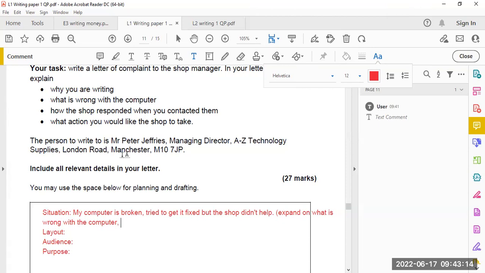Right. So I need to expand on what is wrong with the computer, how the shop responded, and what I want done. Okay, so that's what situation tells me. Layout, it's a letter. So I know from the fact it's a letter that I need to include addresses.